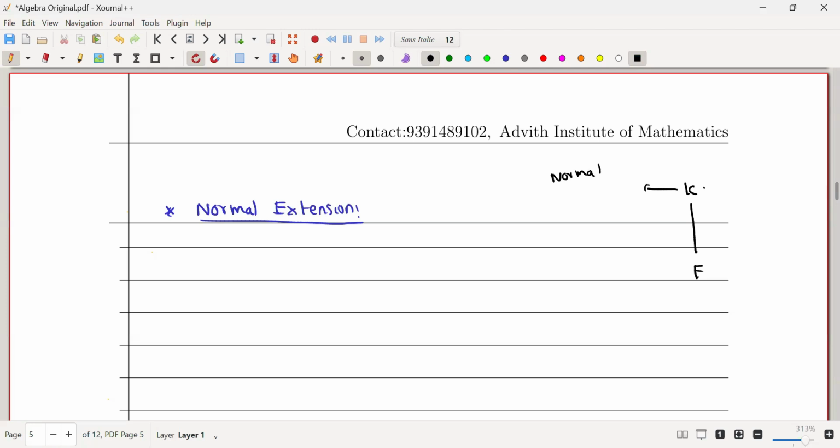Every irreducible polynomial in F[x]. If you take any polynomial in F[x], and if f(x) has any root in K, that means if alpha belongs to K such that f(alpha) = 0, then f splits into linear factors.